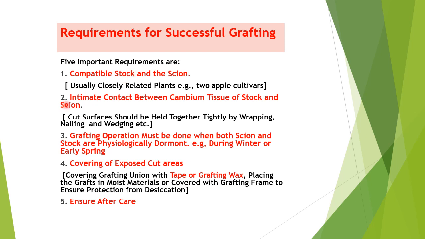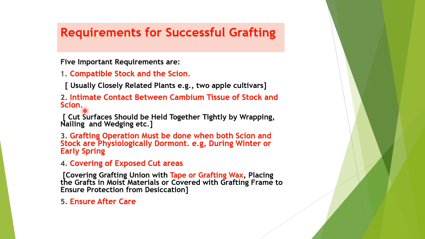Second, there should be intimate contact between the cambium tissue of the stock and the scion. I will make it clear in the following slides that cambium tissue, which is a characteristic feature of dicots, is responsible for meristematic growth, or secondary growth, the formation of new tissues, xylem and phloem.